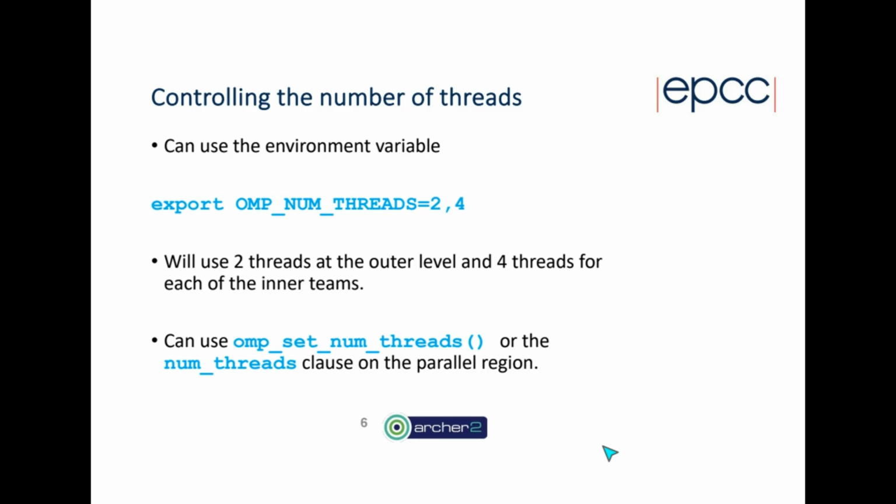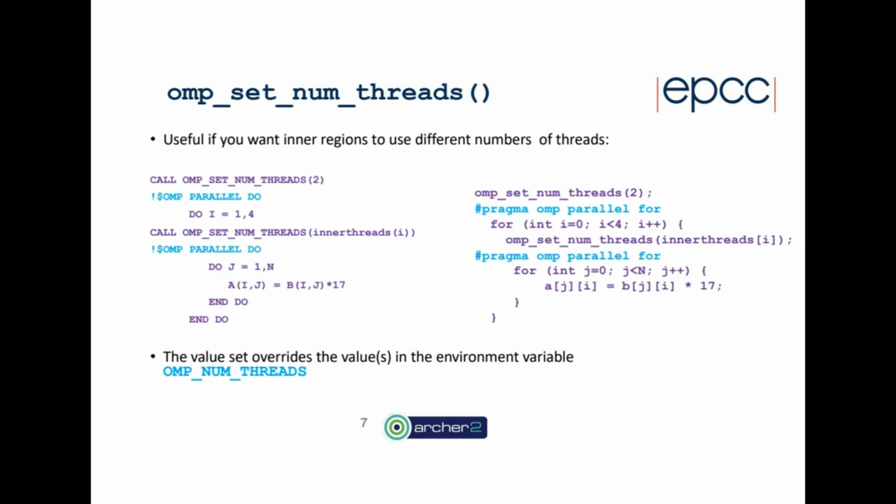There are other ways of doing it as well. We can use the omp_set_num_threads function, or there's a num_threads clause on the parallel region. We'll take a look at both of those. They are sort of equivalent, but there are choices about what you want to do, which are maybe more down to software engineering concerns.